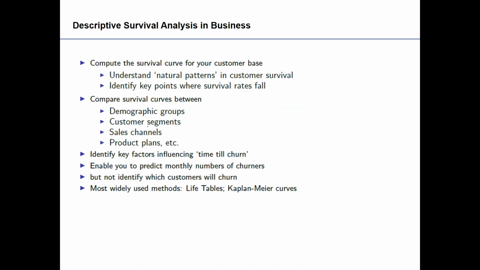Now here we can also use survival analysis to do descriptive analytics, so EDA. We'll understand the patterns, and then we can also plot and visualize these patterns and make inferences about certain business conditions. We can also segregate based on demographic groups, customer segments, customer groups, sales channels.